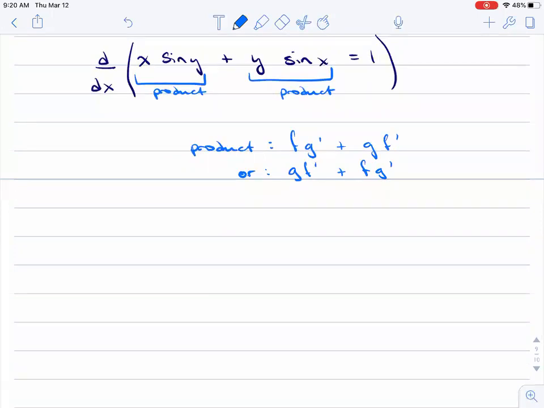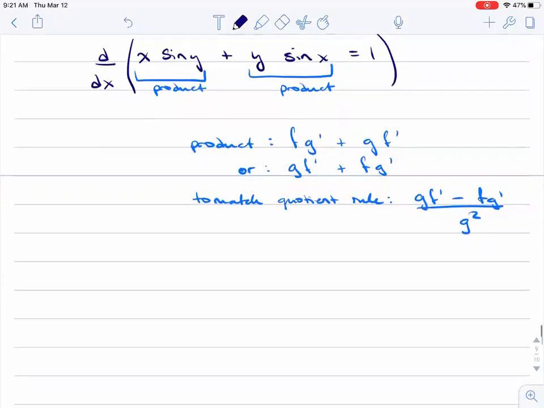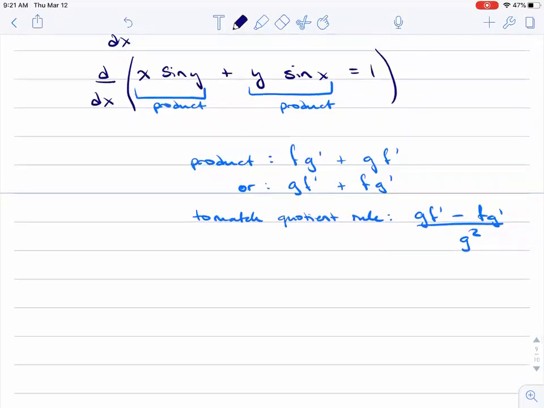Now we're not using the quotient rule, but I just wanted to highlight that. As long as we're consistent, taking the derivative of one, multiplying it by the other one held steady, and then adding the other one held steady times the derivative of the first one.